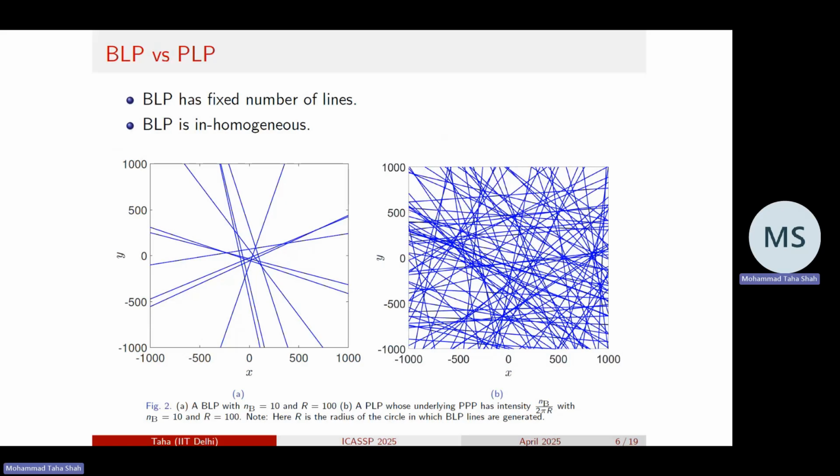Unlike the Poisson line process, which is homogeneous, the binomial line process exhibits spatial variability in the density of lines. This property makes it more realistic for modeling urban and suburban areas. This comparison highlights why the binomial line process is better suited for capturing the structure of real-world road systems where the street density varies significantly across different regions.